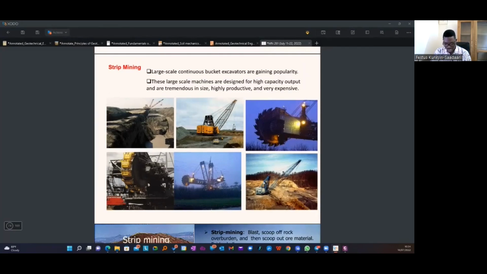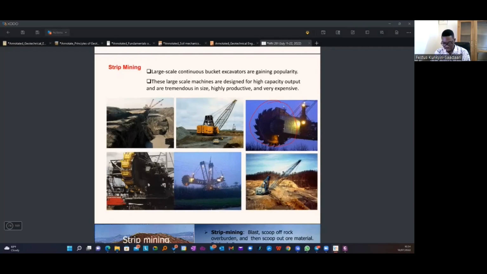So in strip mining, because the material is soft and we don't want to spend most of the time hauling things here and there, the machines we use are huge. For example, this particular one here, it cuts the material and dumps it.